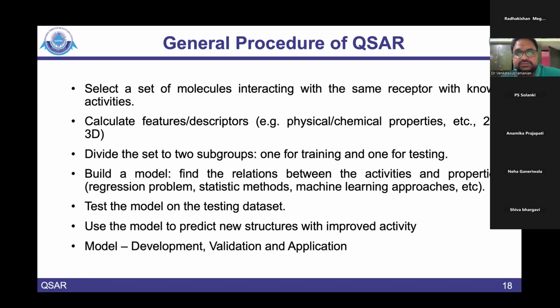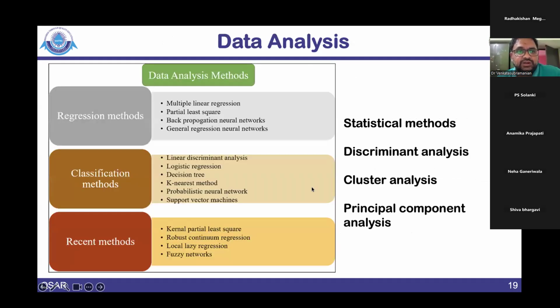These models are trained and improved all the time, and these models are specific for a given target and the data set that we are using. So this is what we intended to use. Data analysis methods, as I said, we can use a regression method, which is the classic method. And then we can use statistical methods, or all these recent methods, fuzzy networks, cluster analysis, principal component analysis, discriminant analysis, and so on.